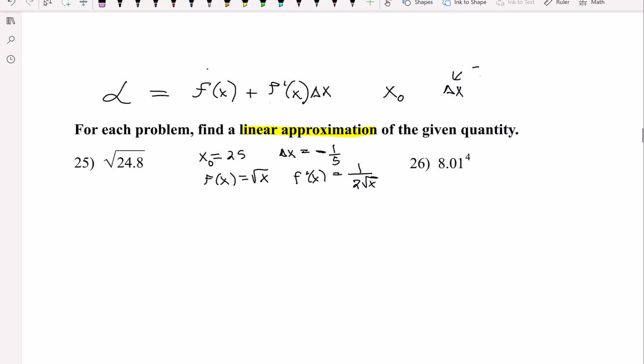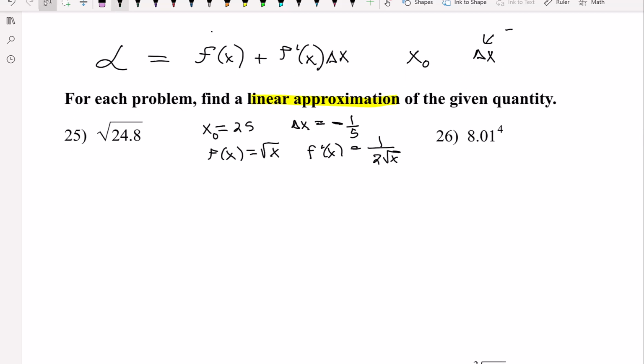Okay, so we have what we need, and now we can plug it into this formula. So the linear approximation is f of x, which is square root of x, plus the derivative, which is 1 over 2 times the square root of x, times delta x, or dx.